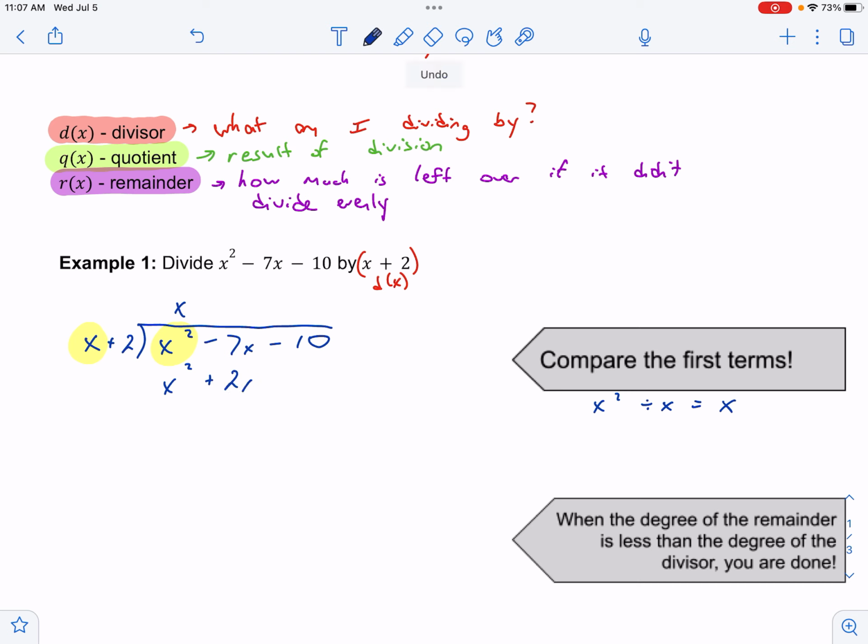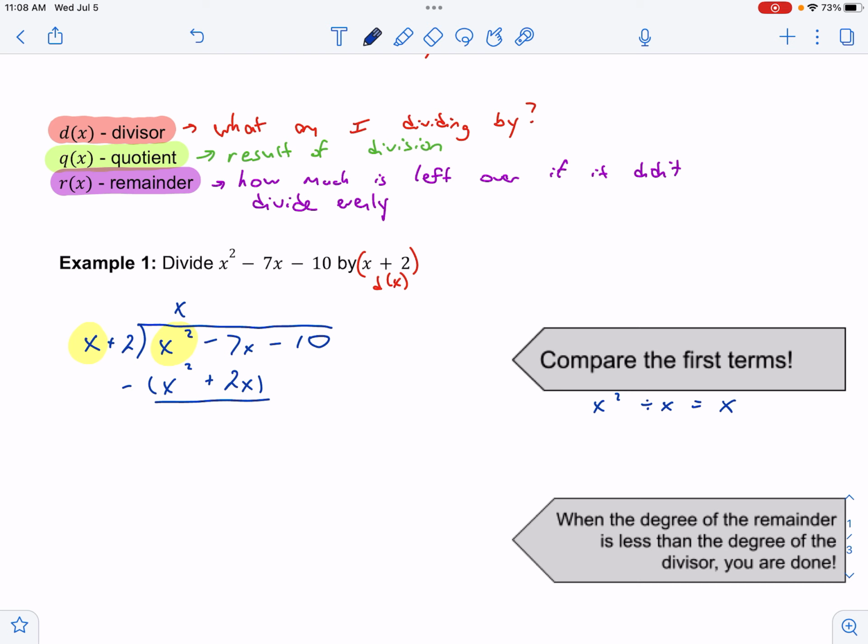And just like we did before, now we are going to subtract. I'm putting a little bracket around the x squared plus 2x as a reminder that I'm subtracting x squared and I should be subtracting 2x, not adding. x squared take away x squared is just 0.